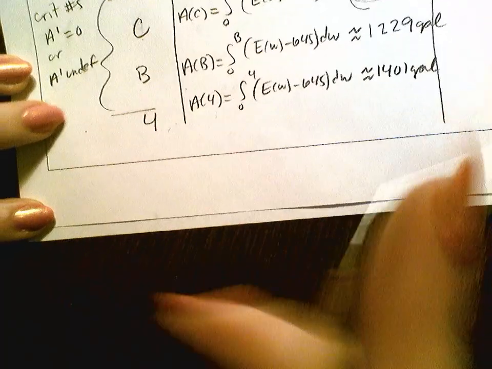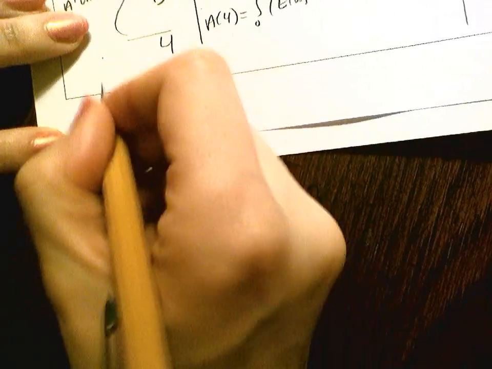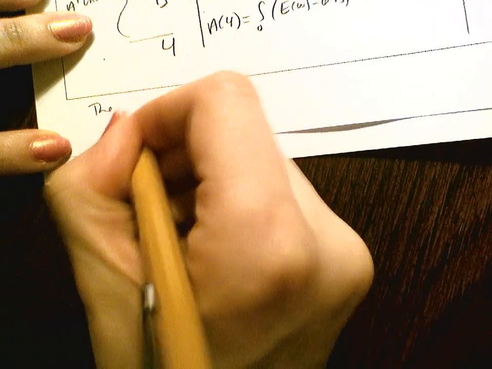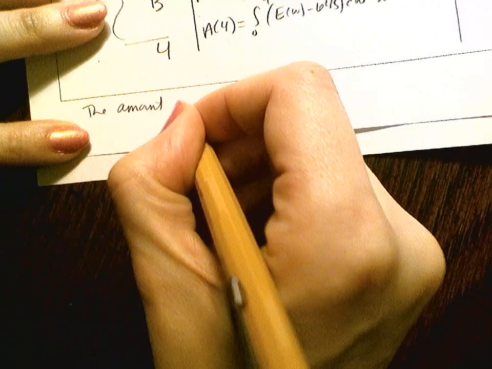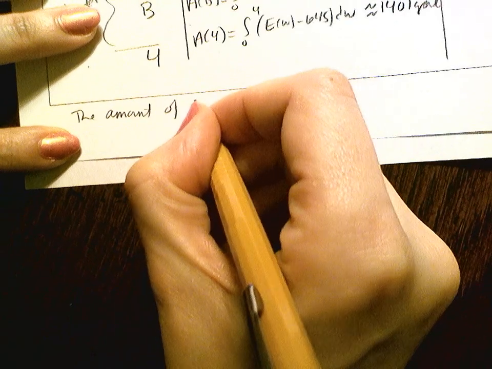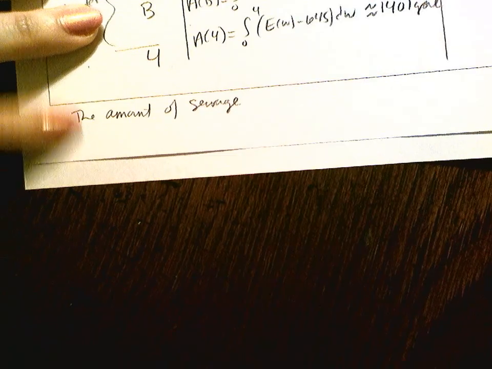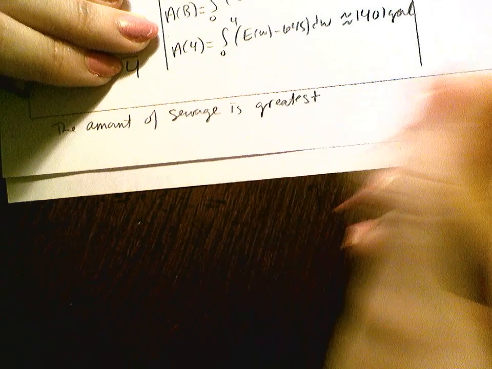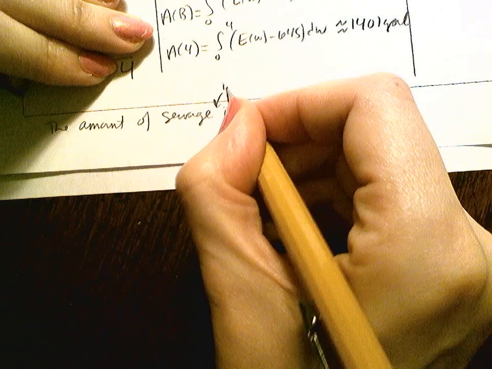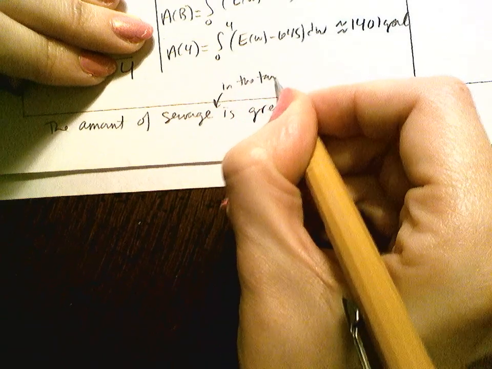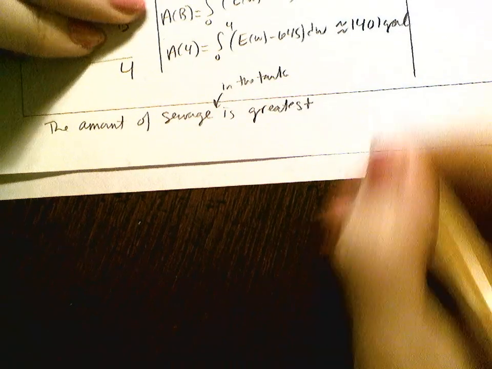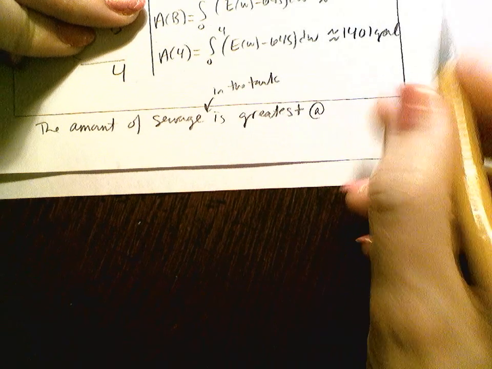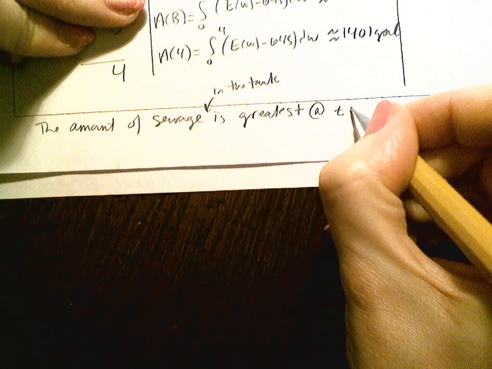So we'll say the amount of sewage in the tank is greatest at t equals whatever c was.